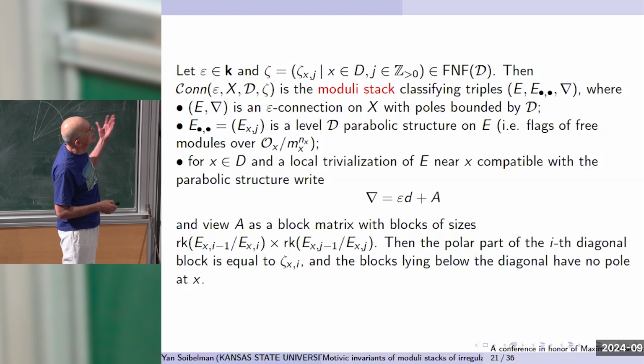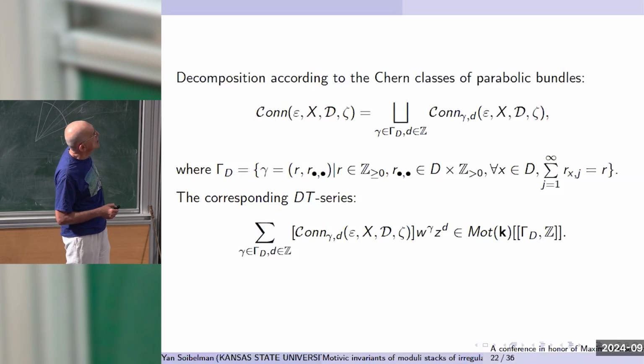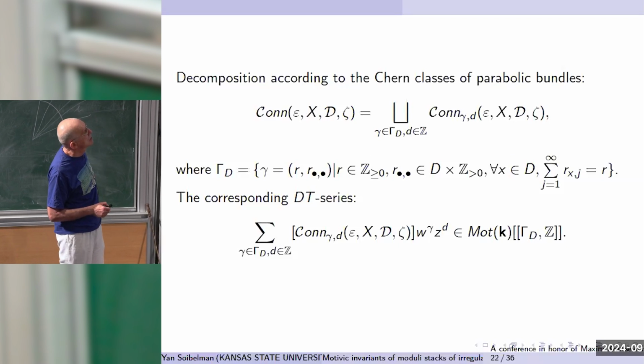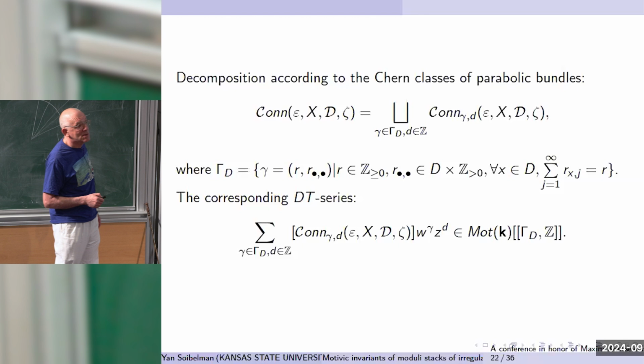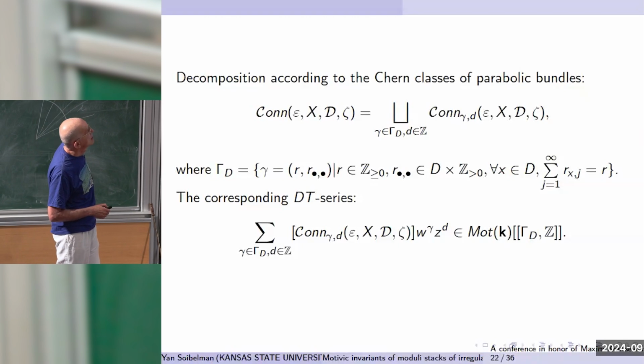Okay. So that's the definition of the stack. This is a notation for it. For epsilon not equal to 0, actually each of these is a stack of locally finite type, so it can be proven.